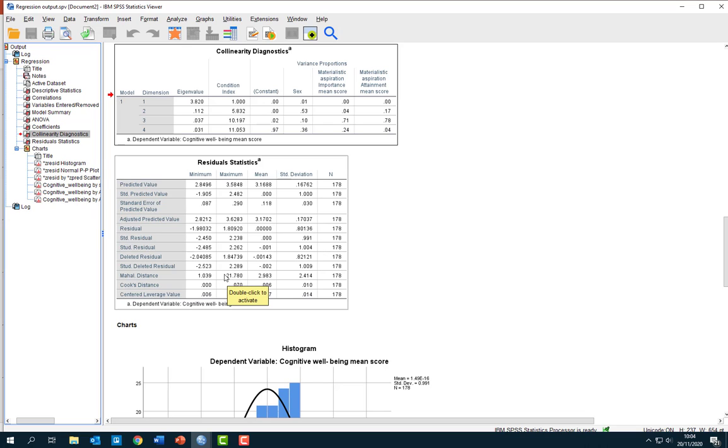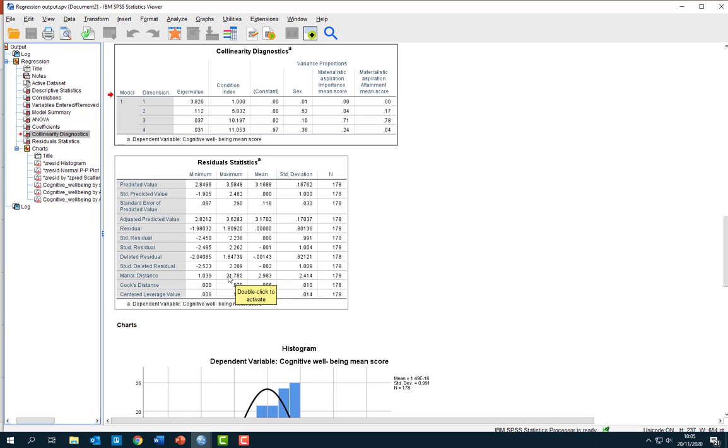And if you look in Julie Pallant's book, or if you look in your regression lecture slides, there's a table that you can compare that against, and it would give you the maximum Mahal distance that we can have without any outliers being present. And I think for something like 3 predictors, it's something like 16. I can't remember off the top of my head, but it looks like we probably have at least one multivariate outlier.